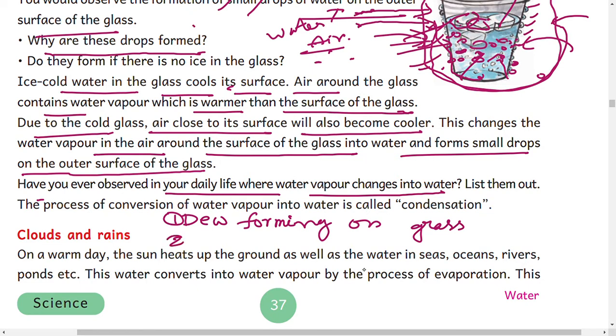And eyeglasses, that means our spectacles, are fogging in a cold winter.